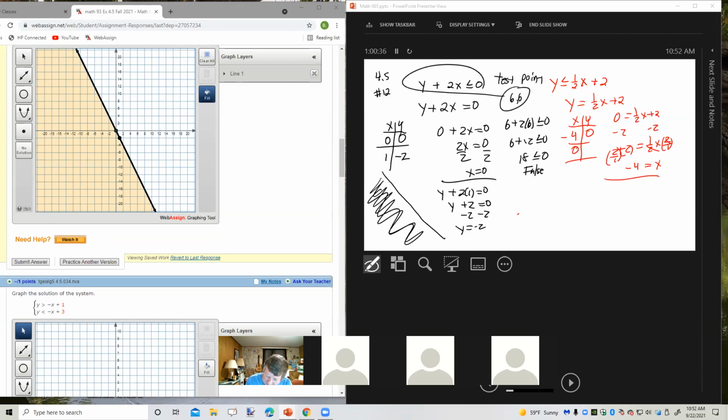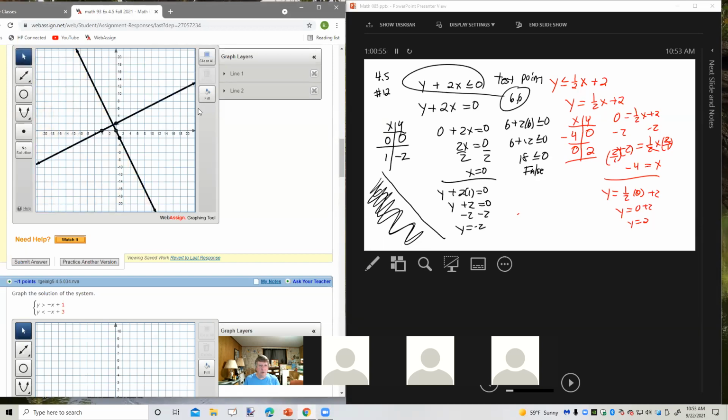All right. If x is 0, y equals 1/2 times 0 plus 2, y equals 0 plus 2, y equals 2. So we've got (-4, 0) and (0, 2). This one also has the equals part of it, so it's also solid. I could use (0, 0) as a test point for this line, so I will.